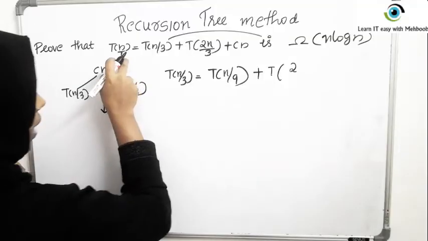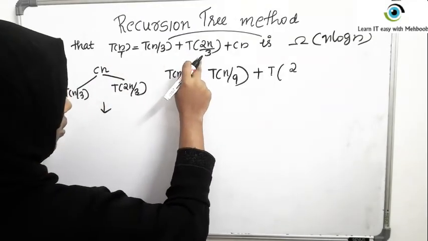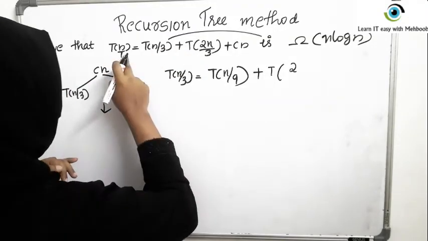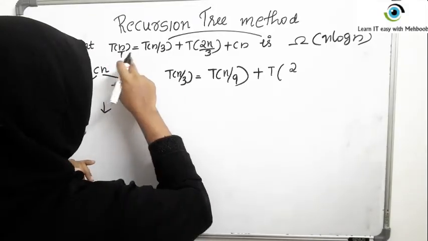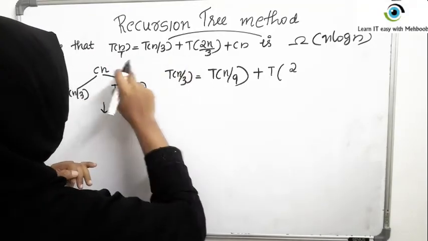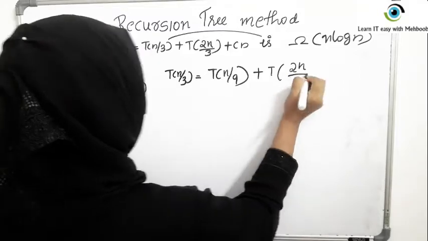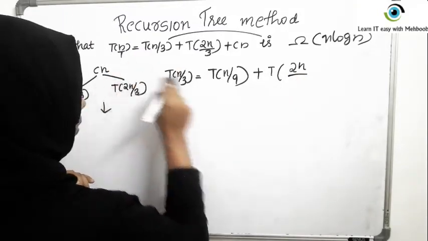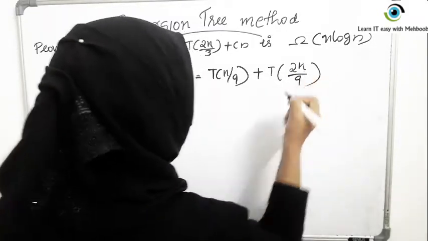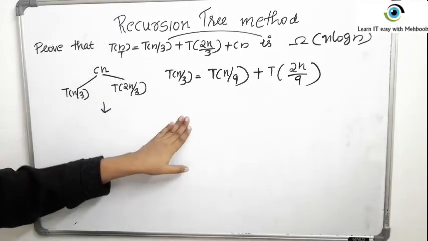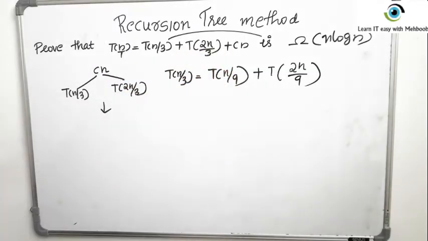Now, when it is n, this is n by 3. So when it is 1, this is 3. When it is 2n, now when it is 1, this is 3. So when it is 3, that should be 9. Yeah, T of 2n by 9. 2 is a constant, we can copy it as such.